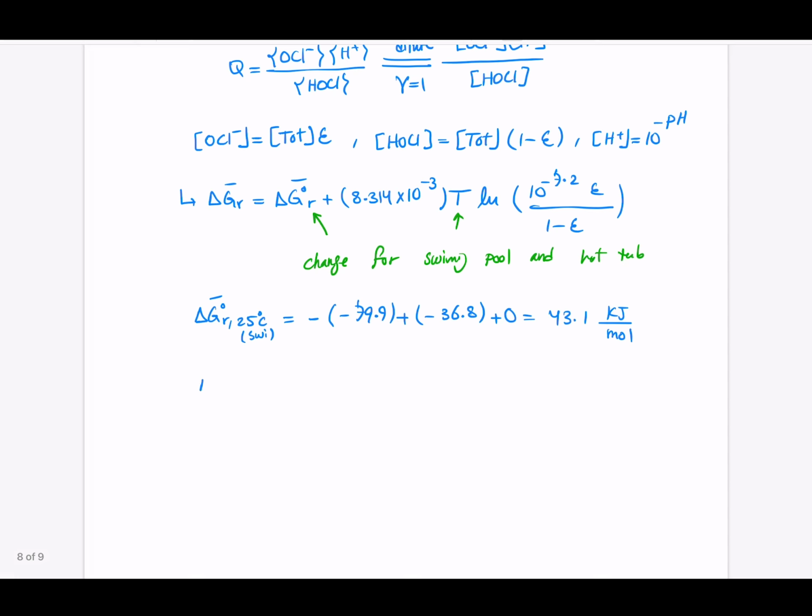So delta G of reaction at 40, which is the hot tub, would be equal to minus RT ln K 40, from part A. And if we do that, this would be 45.1. As you see, a different value compared to 25.